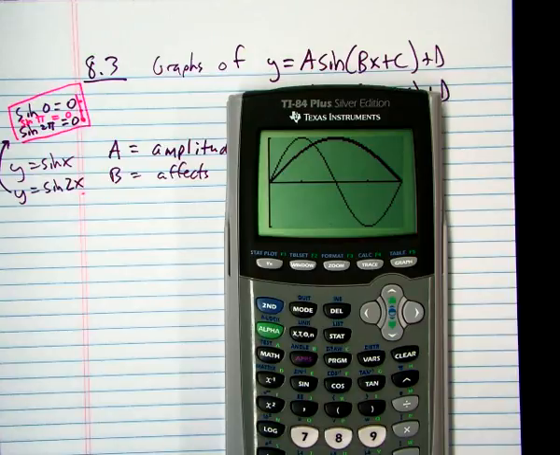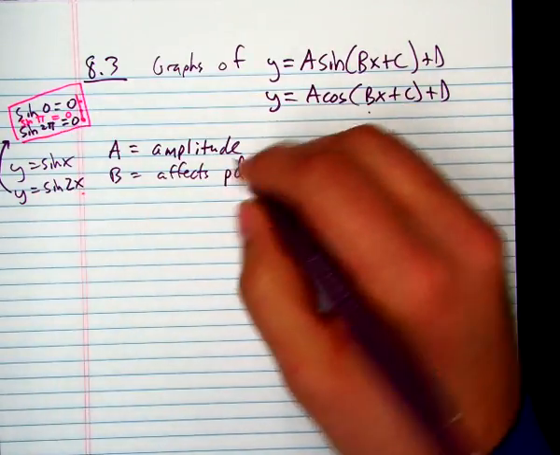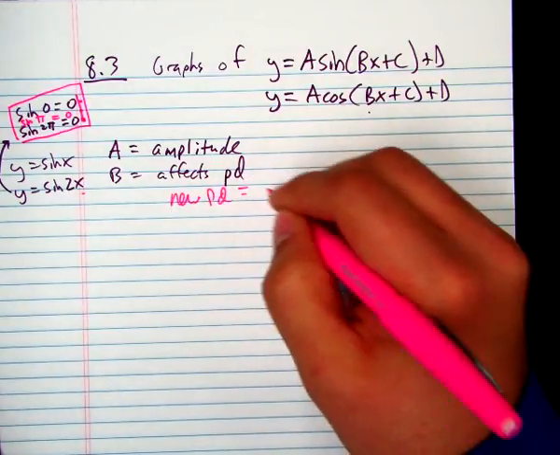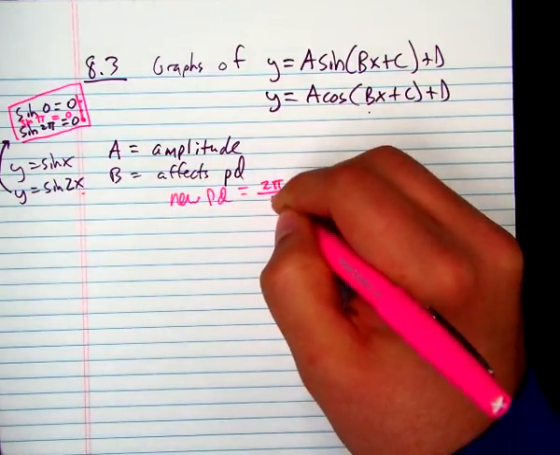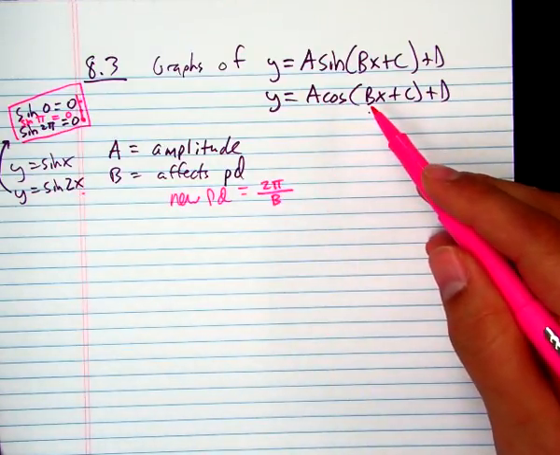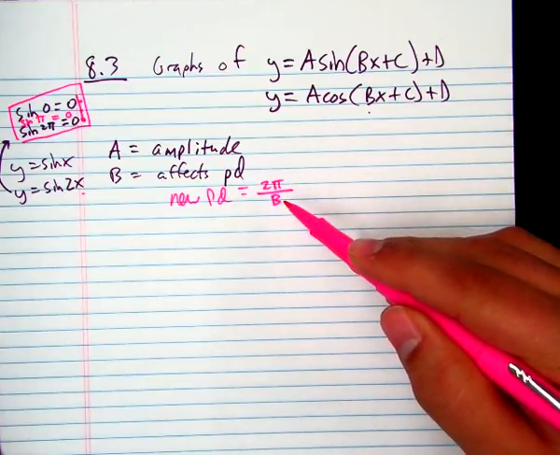It's going to be 4 pi. It's going to double. Okay? So, B affects the period. And here's how. The new period is always 2 pi divided by B. So whatever this b value is, that will tell you how to find the period.